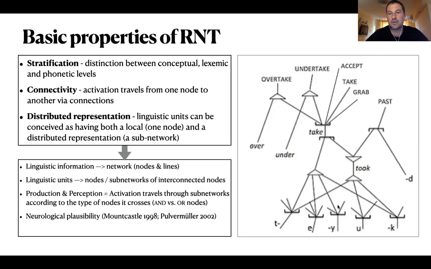So the model does not contain any kind of unit or object, only nodes and lines. And linguistic production and perception is seen as activation traveling through the subnetworks according to the types of nodes it crosses. The main distinction is between AND and OR nodes. The AND nodes are represented as a triangle and OR nodes as a horizontal bracket.